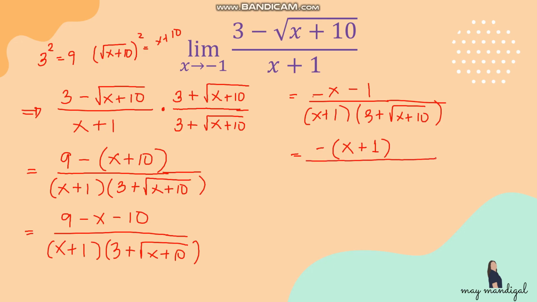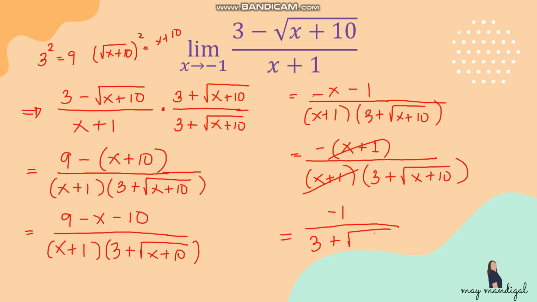So that we can cancel out the x plus 1 on the denominator. We will be left with negative 1 all over 3 plus the square root of x plus 10. Now, you can check after you substitute negative 1 to this, the denominator will not be equal to 0. So that means we can now proceed with substitution.